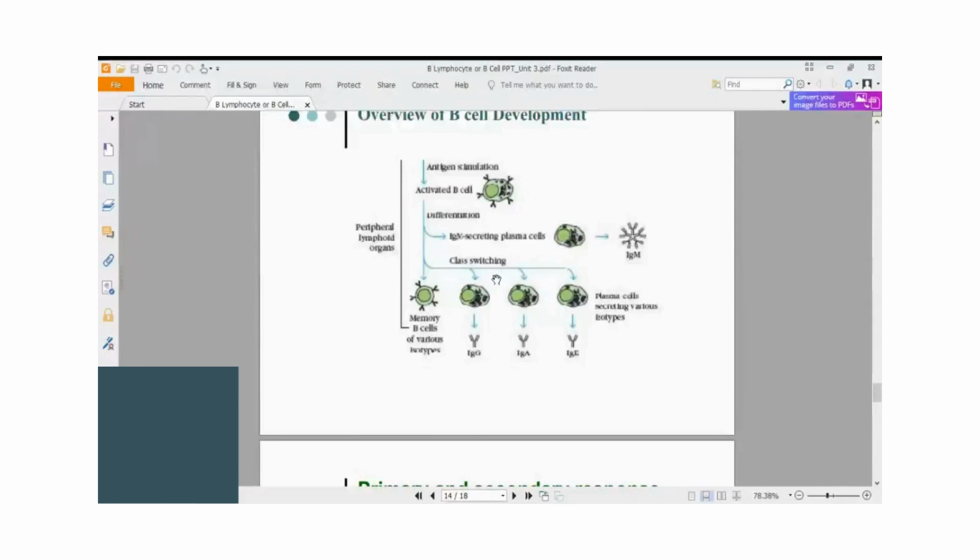At that time, as I had mentioned, it can produce a productive or non-productive B cell receptor. When I say productive, that will be a high affinity or low affinity receptor. Non-productive means it will not show any affinity to the antigen. So by trial and error, B lymphocytes will be trying to have the best fit receptor.